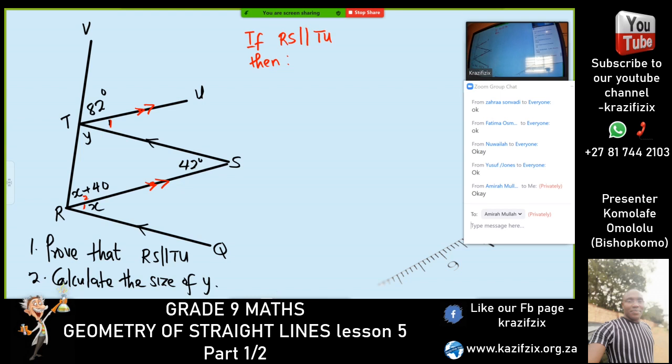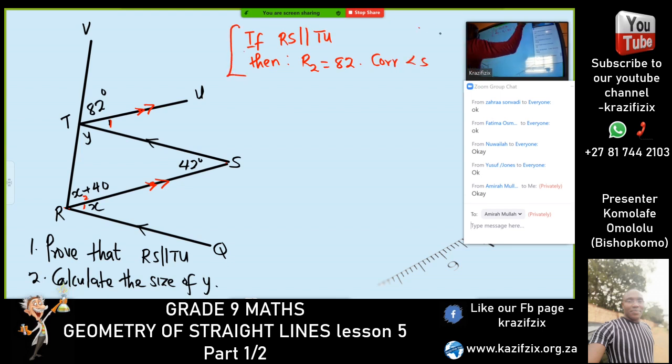So I'm saying if RS is parallel to TU, we're not saying it's parallel yet, but if they are parallel, can we say that R2 should be equal to 82, which would be corresponding angles?